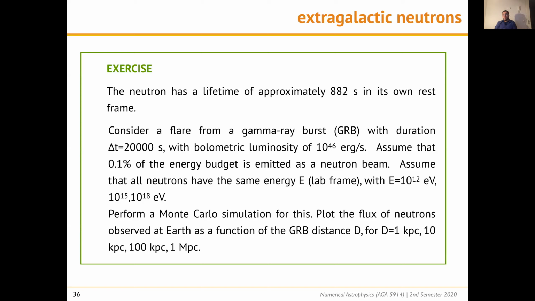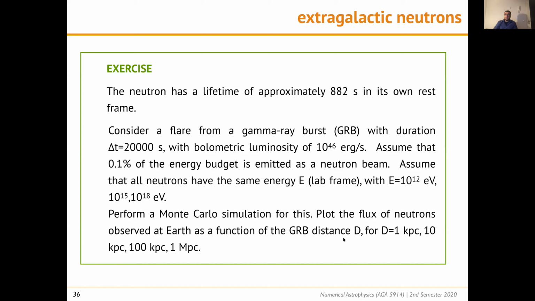But if we go to very, very high energies, of course, there is a Lorentz boost. The mass of a neutron is, I think, of the order of 940 mega electron volts divided by the speed of light squared. So that's essentially 1 giga electron volt.